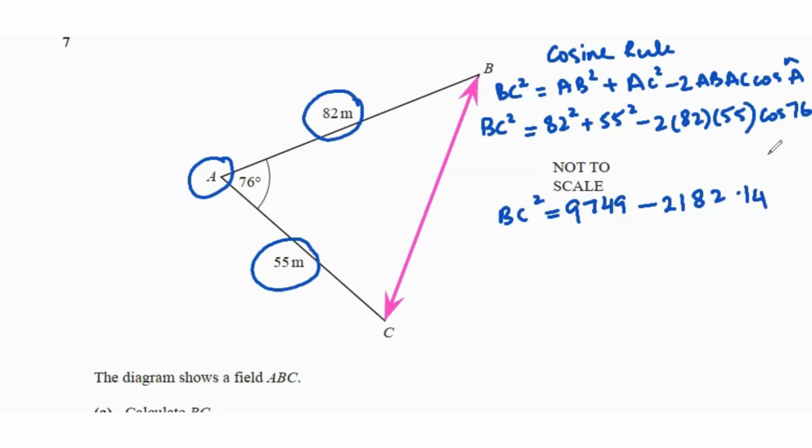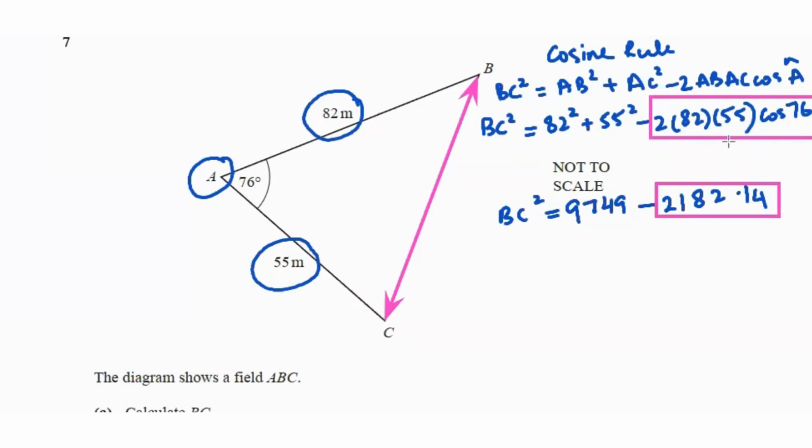Now in this step, it is very important to remember that when you're solving this, you will multiply all of these together. You will multiply 2 with 82, then with 55, and then with cos 76. And this total equals this thing.